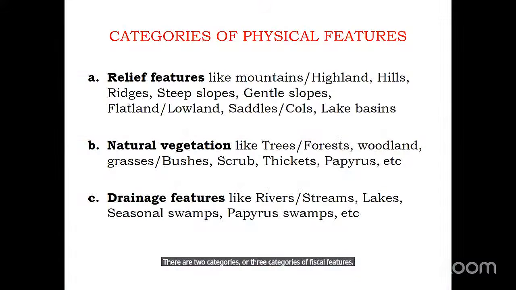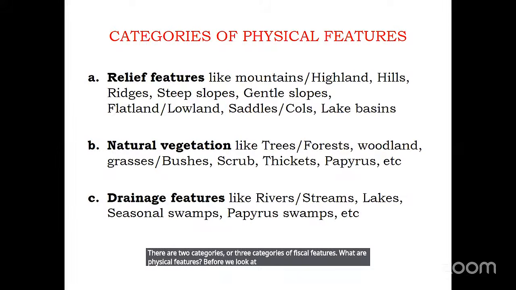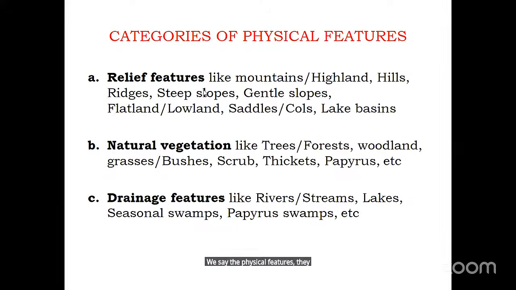Now, what are physical features before we look at that photograph? We say the physical features are in form of relief, which can be mountains, highlands, ridges, hills, steep slopes, gentle slopes, flat land or lowland, saddles, cols, lake basins if there's a lake. We have interlocking spurs. I just put a few here.